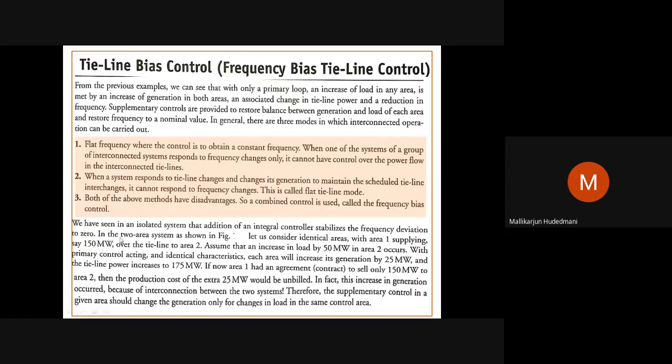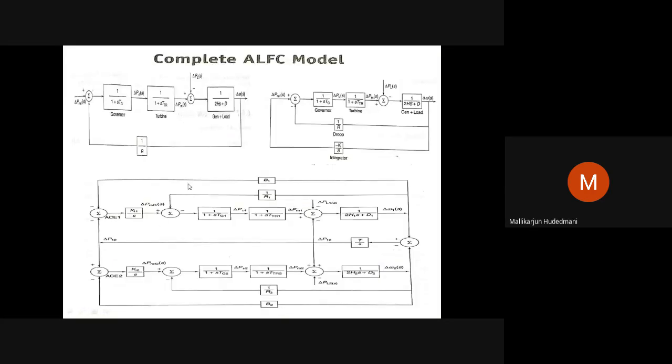In case of two area system, as I have in the next slide, let us consider identical areas with area 1 supplying certain 150 megawatt. I have here two area control. I have ALFC only with the primary loop, and ALFC with both primary and secondary loop.